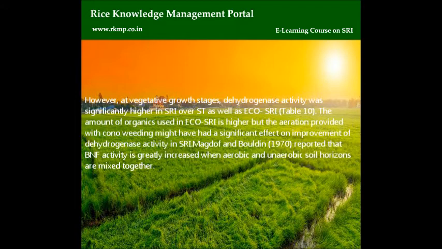However, at vegetative growth stages, dehydrogenase activity was significantly higher in SRI over ST as well as Eco-SRI, Table 10. The amount of organics used in eco-SRI is higher, but the aeration provided with cono-weeding might have had a significant effect on improvement of dehydrogenase activity in SRI.